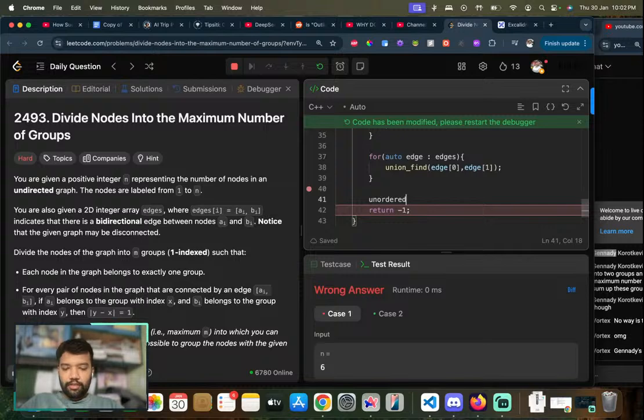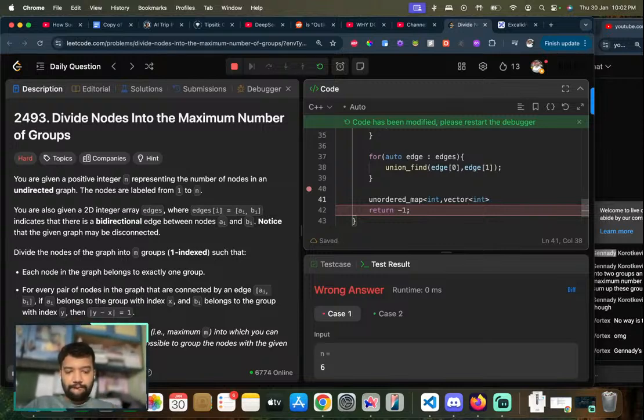Unordered map, int comma vector, and now group.